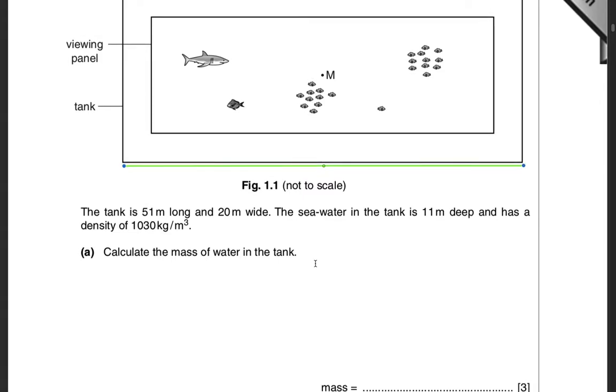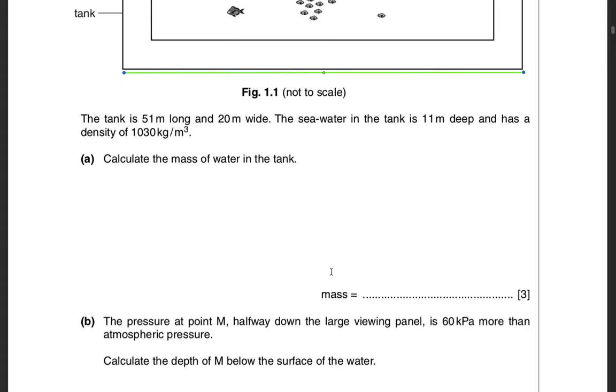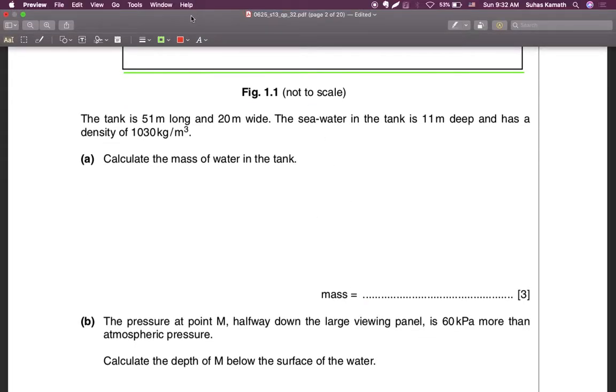So what's the volume? We have to multiply the volume by the density, right? So we just have to obtain the volume, which by the three measurements, 51 into 20 into 11, multiplied by 1030, which is the density. We just get the mass as, I don't think it's so large actually.